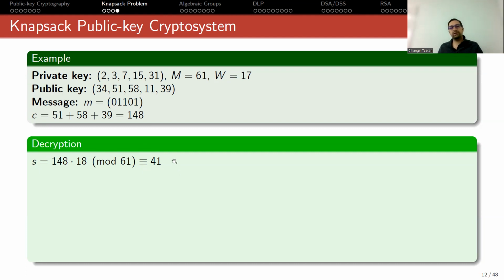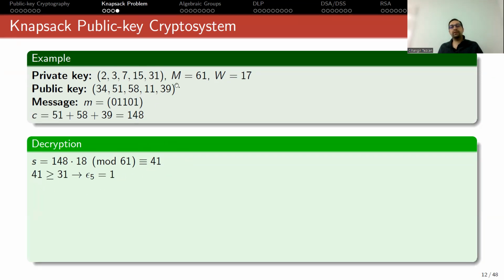Now what you're going to do is to solve this using the super increasing sequence AIs. So now we are going to do the knapsack problem and see which sum of these AIs actually gives me 41. So since this is super increasing, first you do the following.